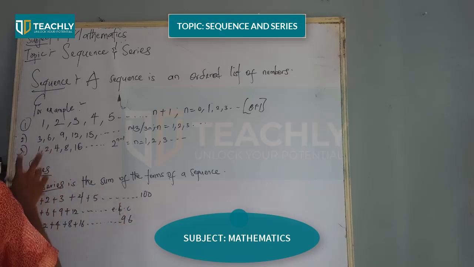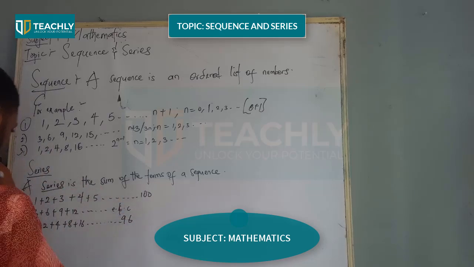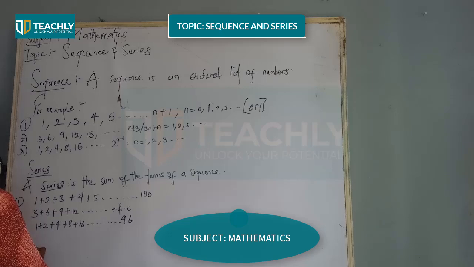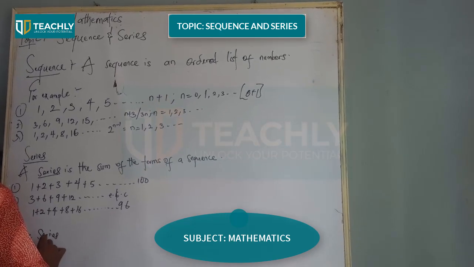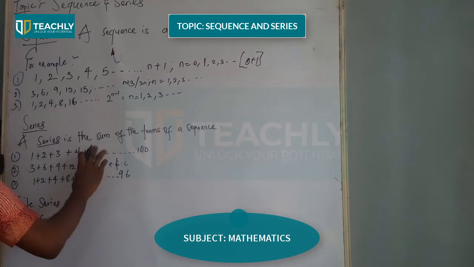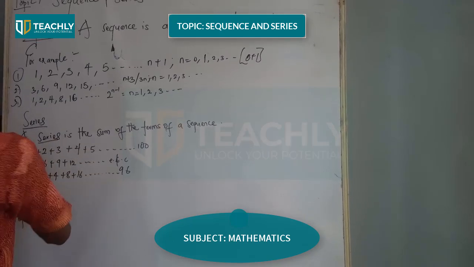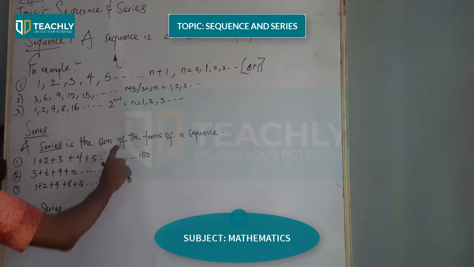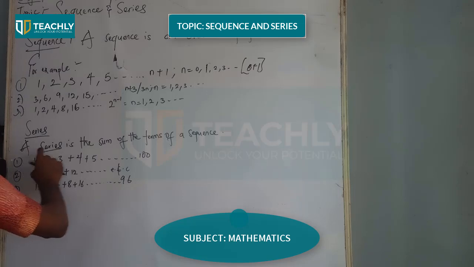Now, in series, there are 2 types. We have finite series and we have infinite series. I did something here: you notice that number 1 and number 3 are similar, in the sense that we have a number at the end.